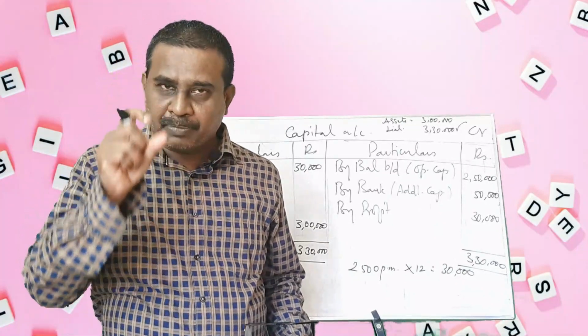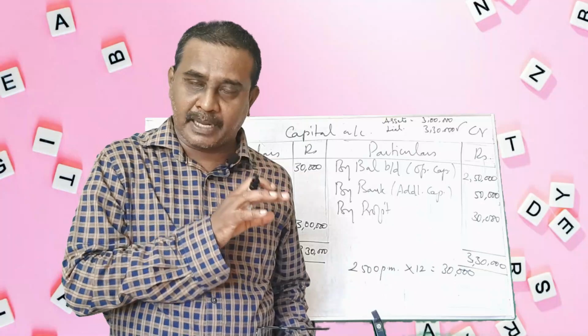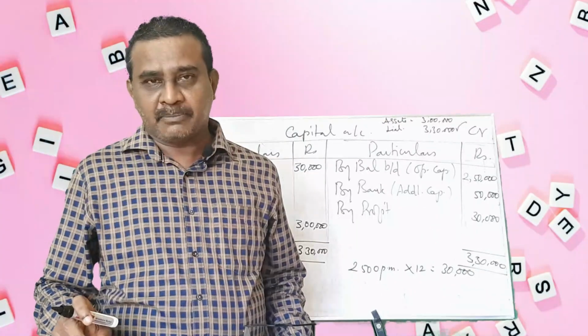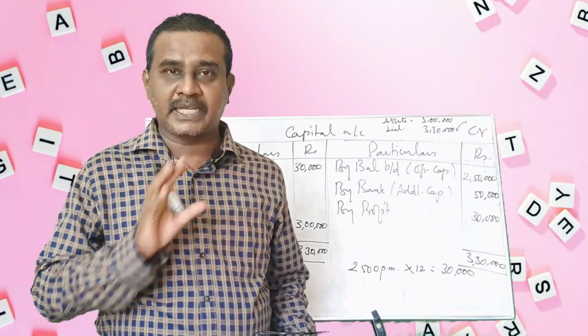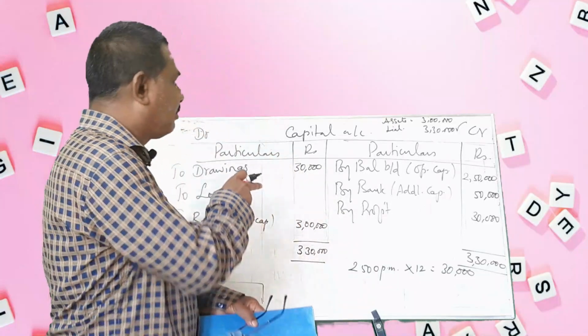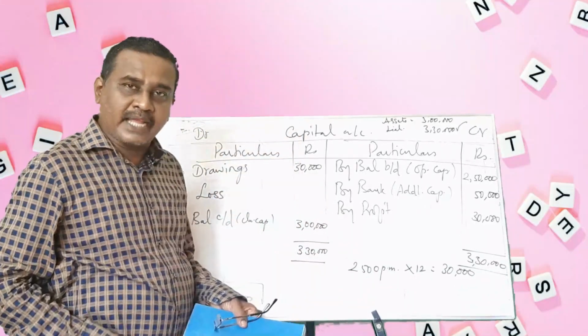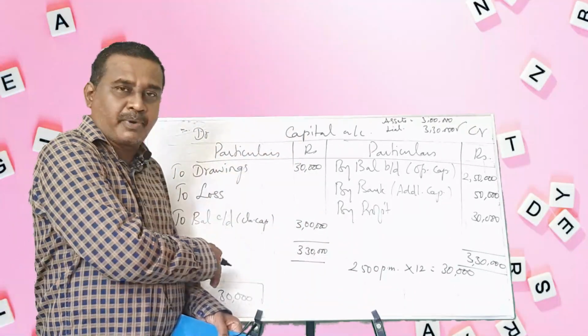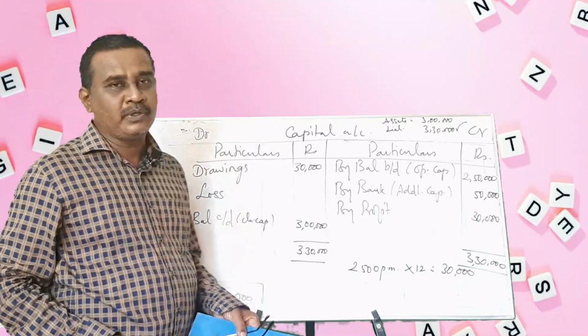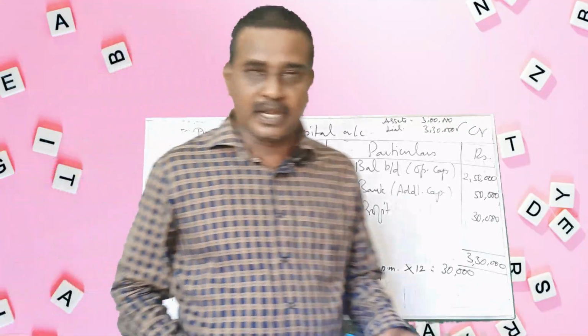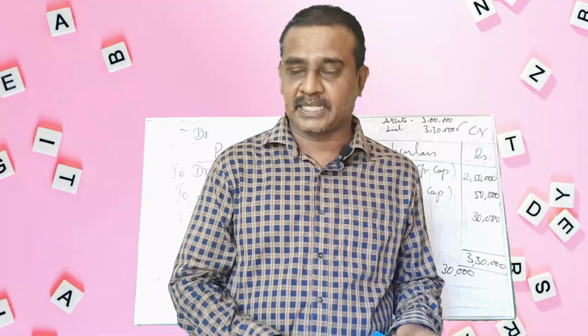Keep the opening balances and find out the opening capital, and keep the closing balances and find out the closing capital. And then you have to prepare one account called capital account to find out the profit or loss. This is known to you. This would be enough. Now let us go to the next sum.